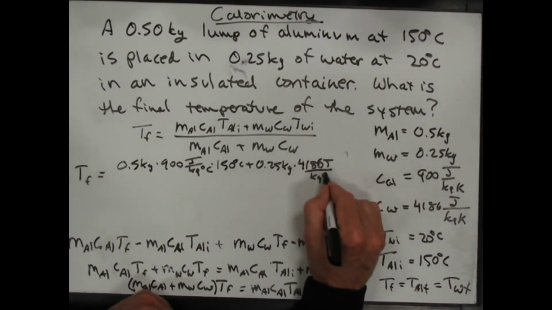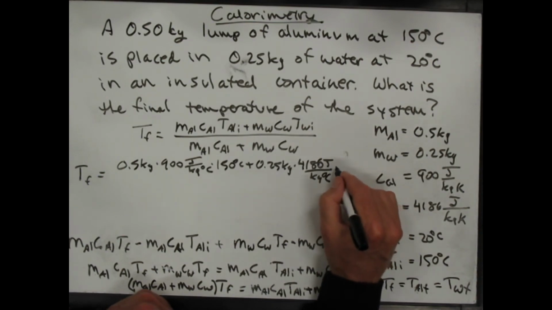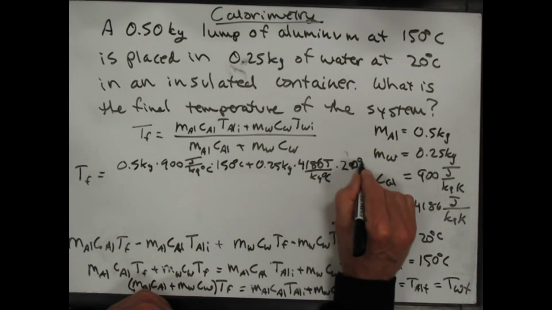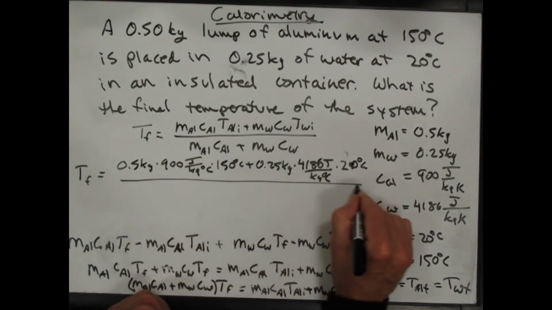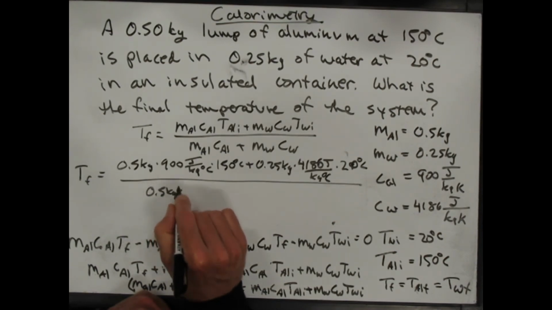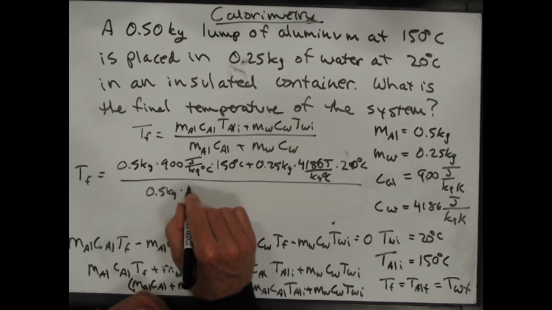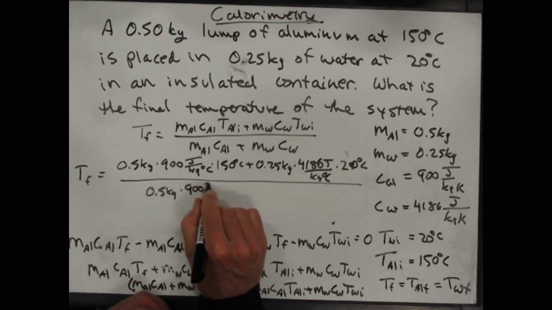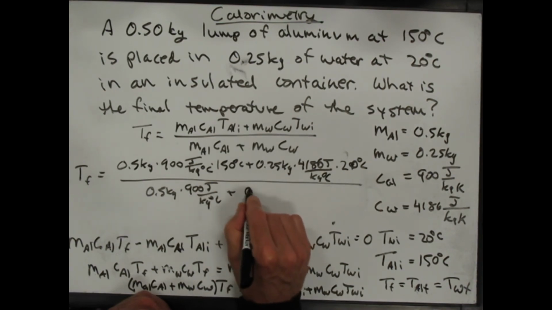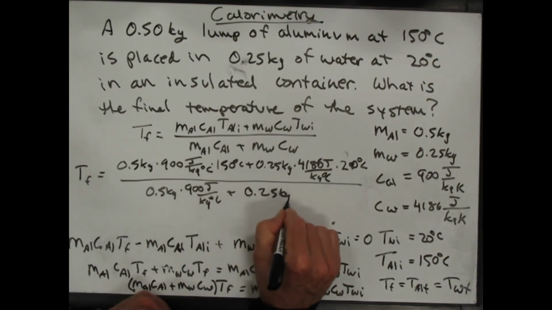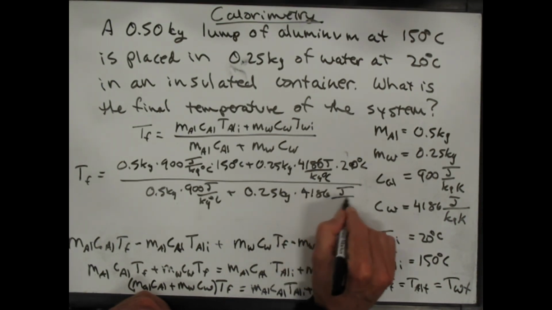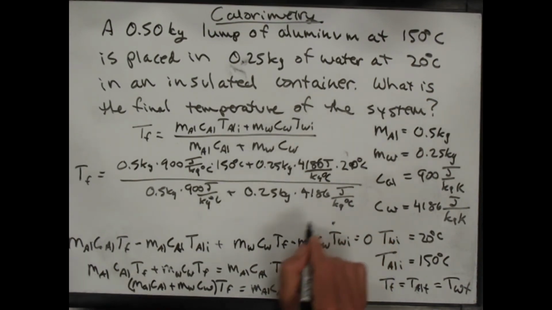Again, it doesn't matter. I keep saying that for these things. Times 20 degrees Celsius, all divided by the mass of the aluminum, which is 0.5 kilograms, times C for the aluminum, which is 900 joules per kilogram degree C, plus the mass of the water, 0.25 kilograms, times 4186 joules per kilogram degree C.